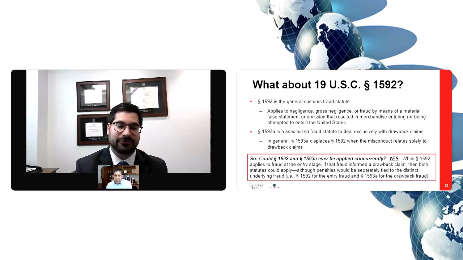If that fraud informs a drawback claim, that drawback claim is effectively tainted now, right? It's a fraudulent drawback claim. And in that situation, both statutes can apply. Of course, the penalties, though, would be separately tied to the distinct underlying fraud, where 1592 is applying to the fraud at the time of entry, and Section 1593A is applying to the drawback fraud in particular.